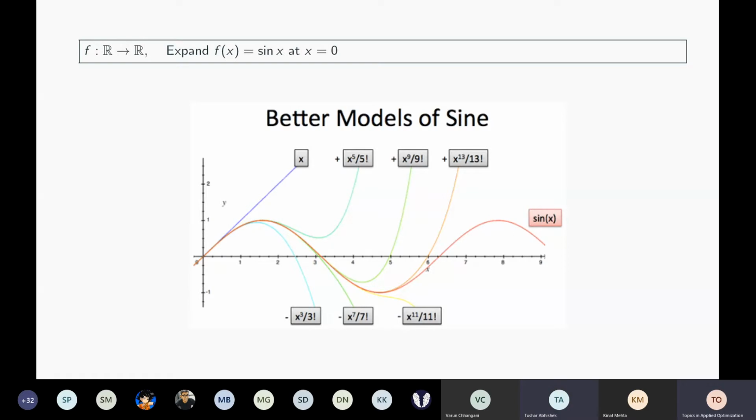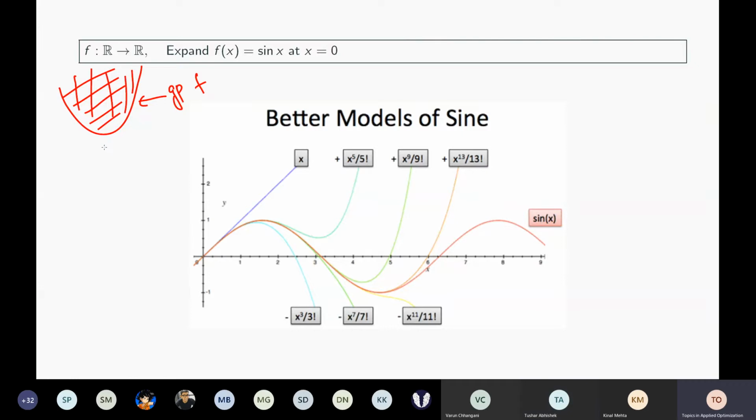Epigraph is the area above the graph. You consider all the points above the graph of the function. So this is the graph of f, then epigraph is the set of points above this. Now you can talk about a supporting hyperplane for a set.